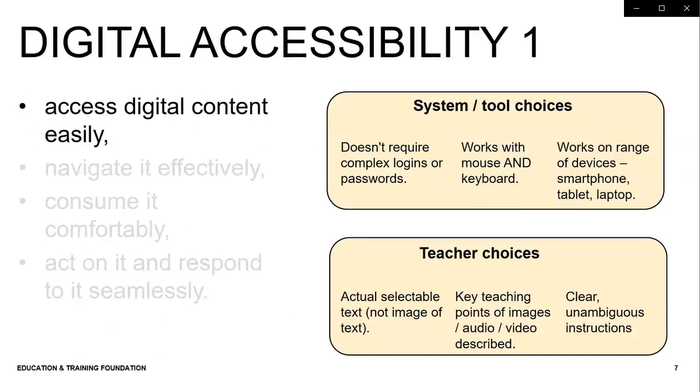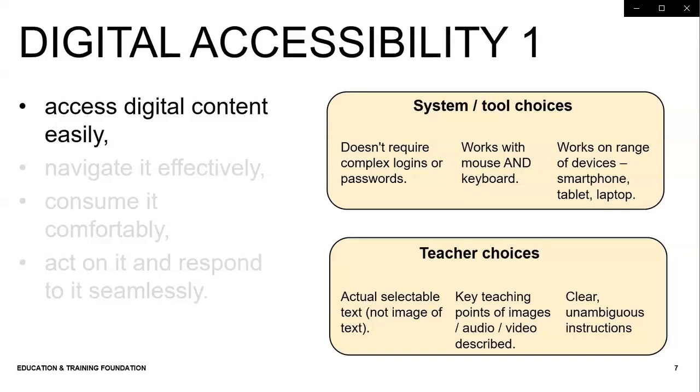I've said that there are those 4 elements: access digital content easily, for example. And on that one, some of the key points here are that it's to do not just with the system choices, the tool choices, it's also to do with the teacher choices, the academic, the tutor. So when you're thinking about creating your online courses, do think about the tools you're using.